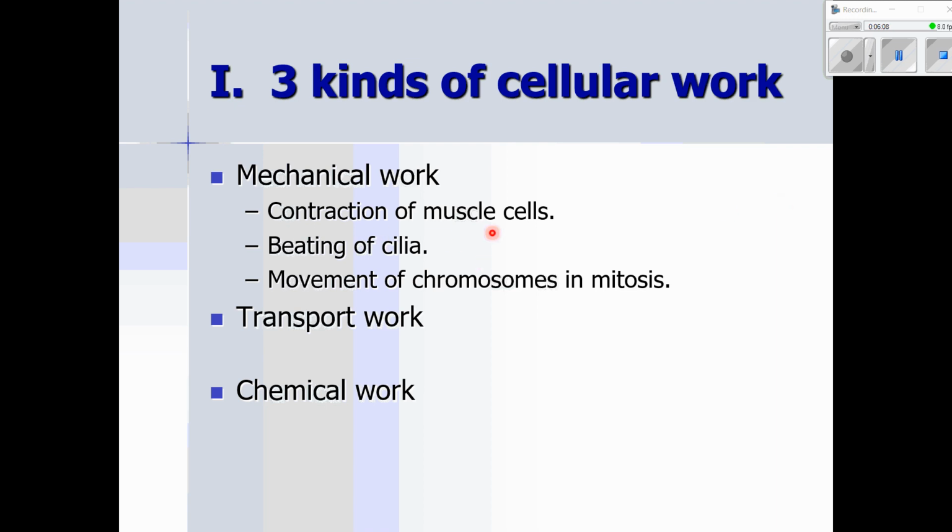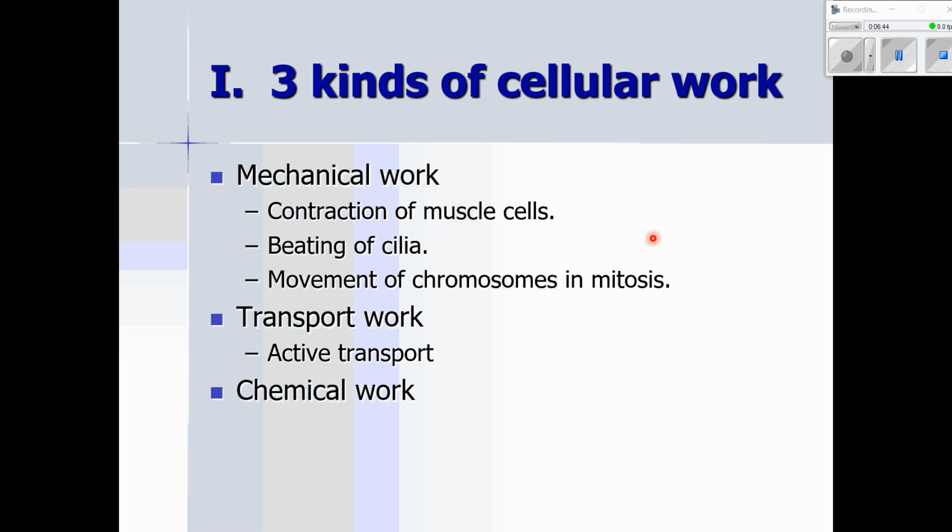So contraction of muscle cells, the beating of cilia, which pushes a paramecium through its watery environment, or anytime cells divide and we have to move our chromosomes around, pull the chromosomes apart inside the cell, that process is called mitosis. All of those are situations where some sort of physical labor or movement is taking place, and those all require energy. We call that kind of work mechanical work.